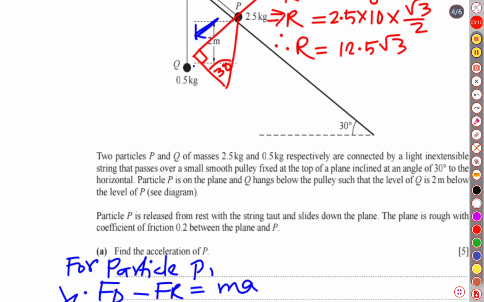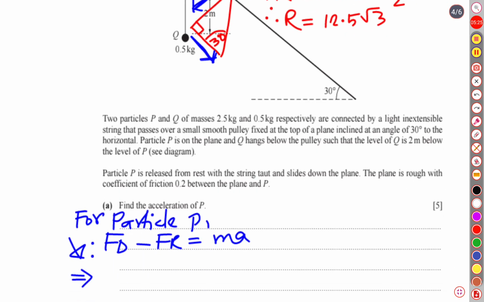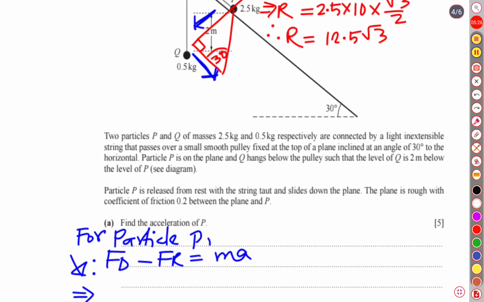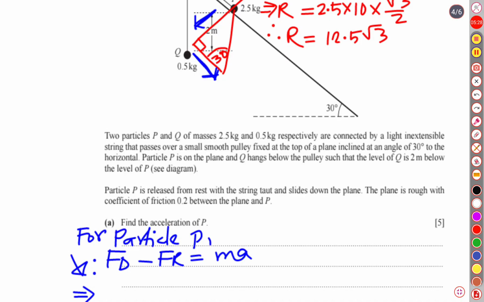So this is the component of weight, mg sin 30 degrees.